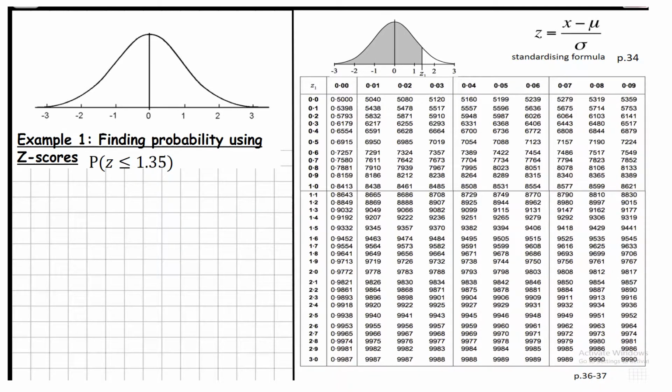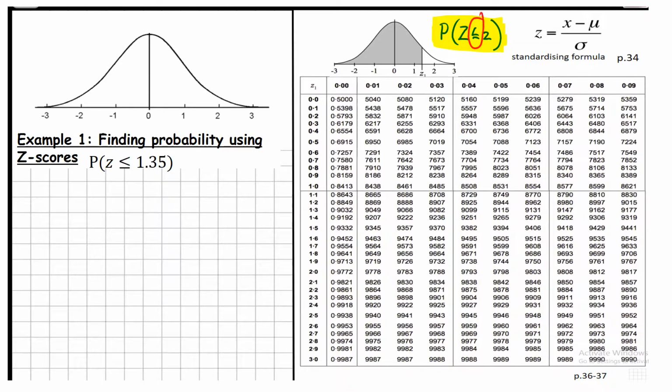I've cut away some of it. The thing that's missing, and I think one of the most important bits, is at the very top of page 36 in your log tables, where it says Z is less than or equal to Z. This is hugely important, so use it as a guide, because what it tells us is that there has to be a less than or equal to sign.